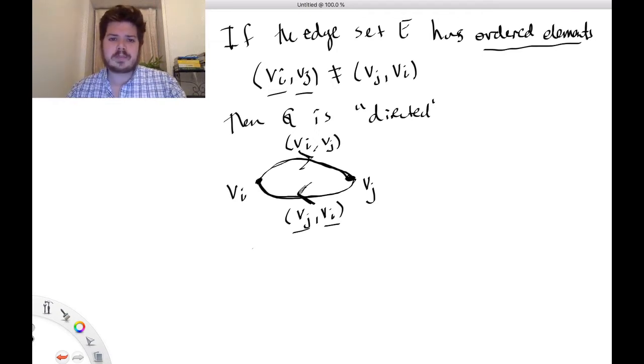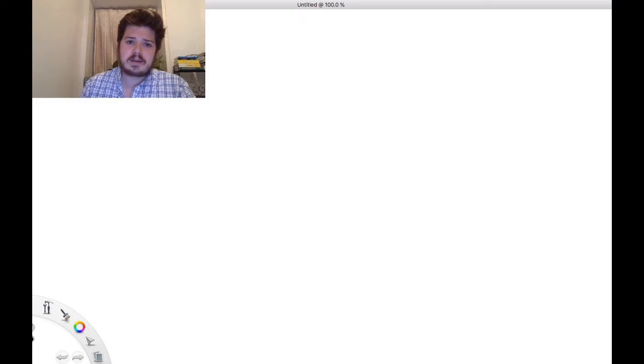So another property you can talk about of a graph is if a graph is called simple or not.